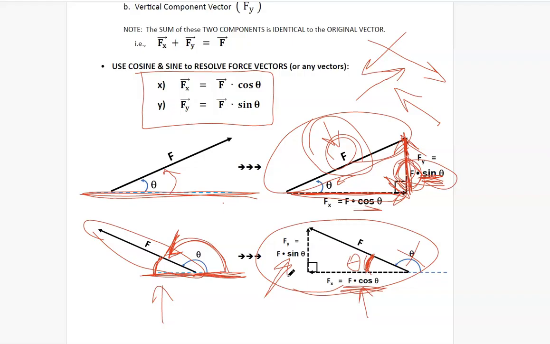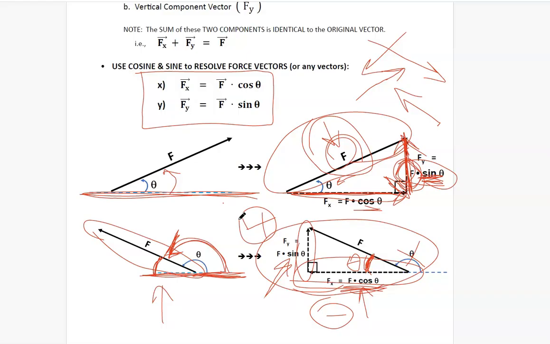And then after you're done, ask yourself, okay, is this force pointing up? Okay, yes, it is. It's positive. Is this one pointing to the right? No, it's not. It's pointing to the left. Okay, that one's negative. So then you just assign your positive and negative, just like we've been doing for all the other force calculations in this lesson.